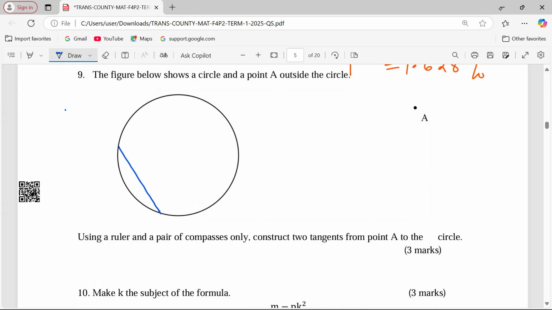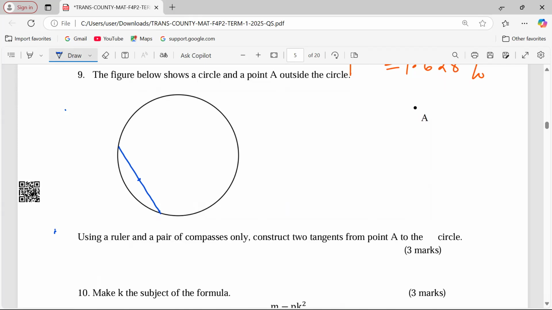Then now, I'm supposed to bisect this chord. And I should do so perpendicularly. So when I bisect this chord, the bisector will automatically pass through the center.